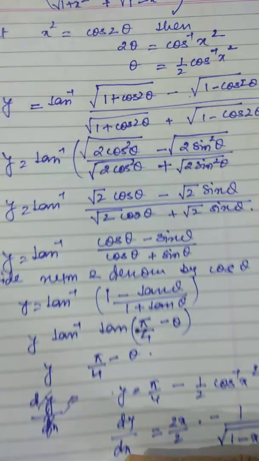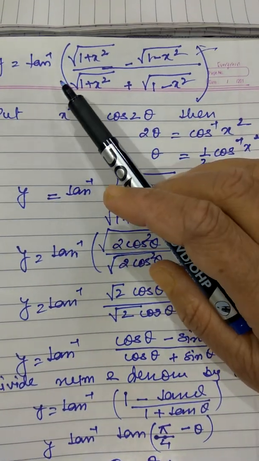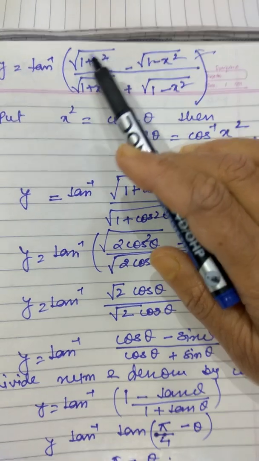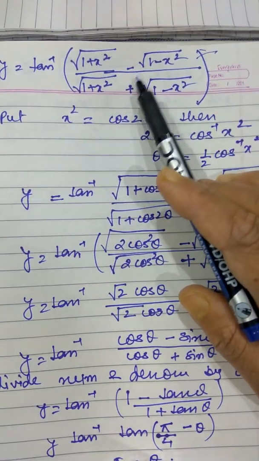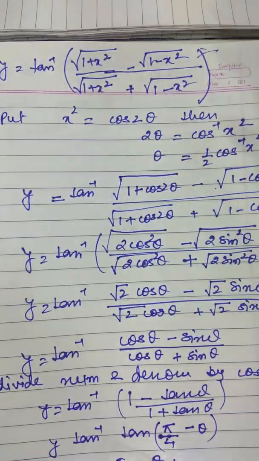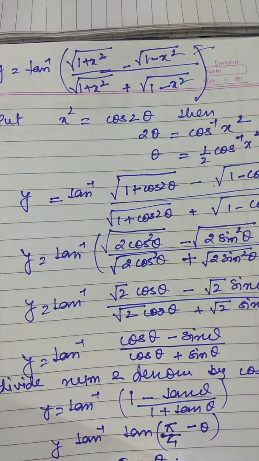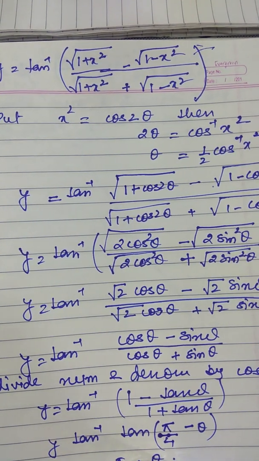Another one. y is equal to tan inverse of (root of 1 plus x square minus root of 1 minus x square) upon (root of 1 plus x square plus root of 1 minus x square). So we have to use some substitution so that this whole thing is reduced to tan theta form.